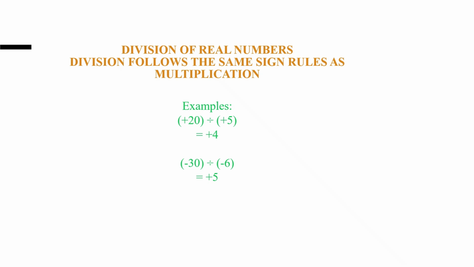This means that if I rewrite this, negative will cancel negative, and we are left with 5. I believe you understand.